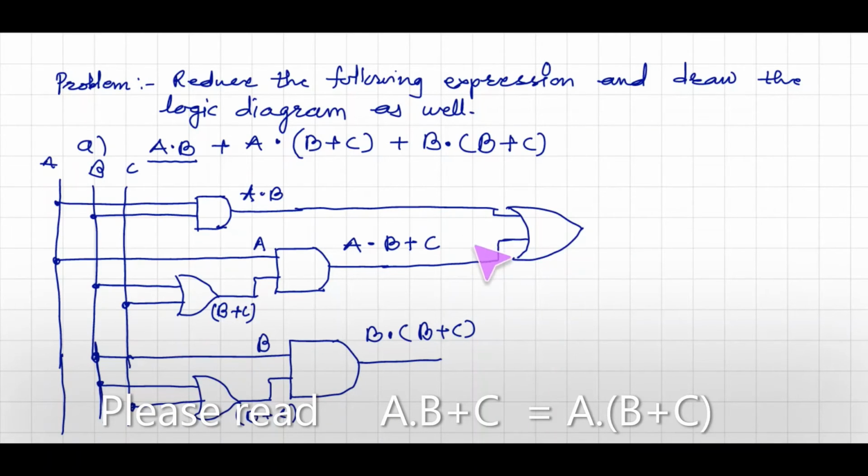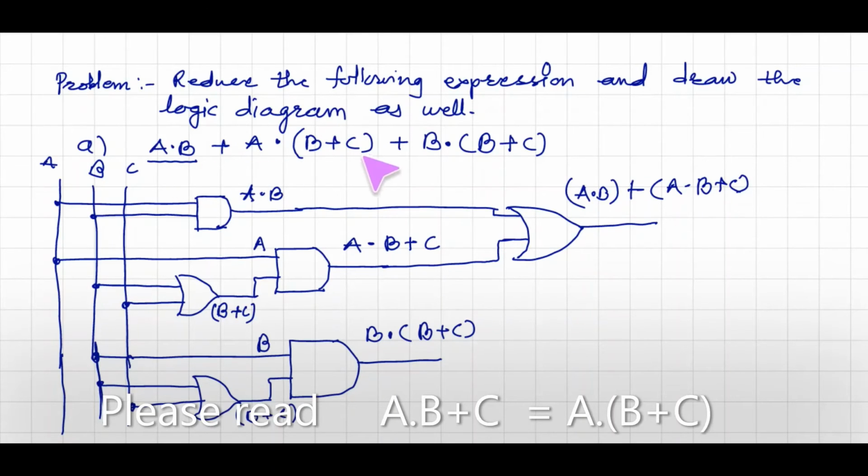The same can be drawn using a 3-input OR gate also, but we will take the example of a 2-input OR gate. So the output of this OR gate is a dot b plus a dot (b plus c).